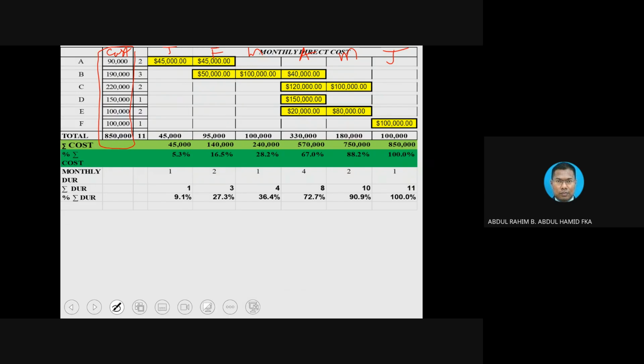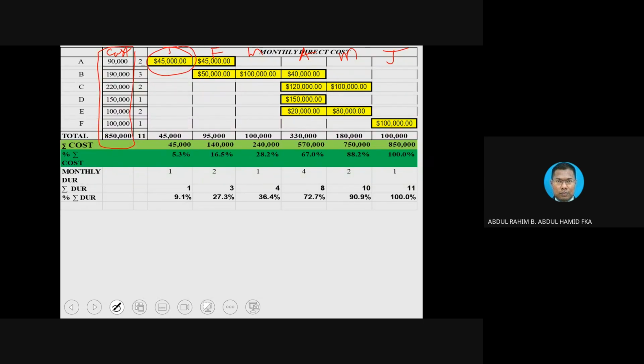And you notice that if we go according to the column, in this slide we are going to use a lot of the concept of going through the column and row for the calculation of the cash flow. So according to the January column here, ask yourself, what are the activities running?